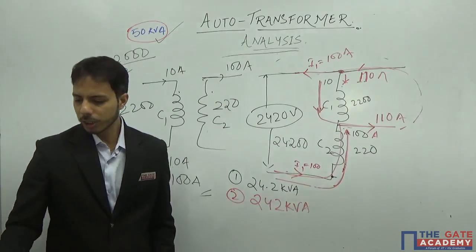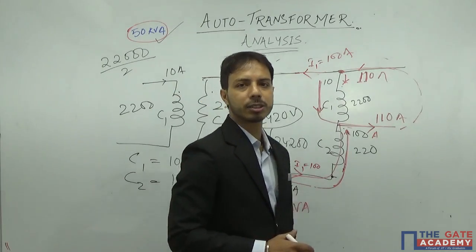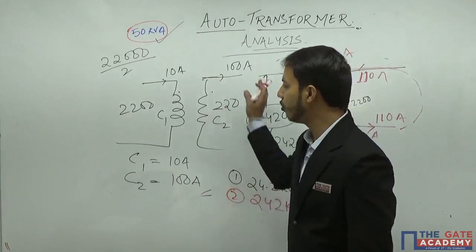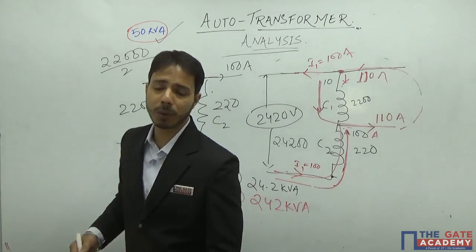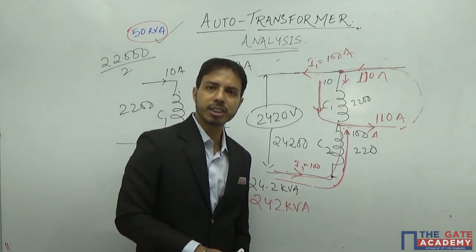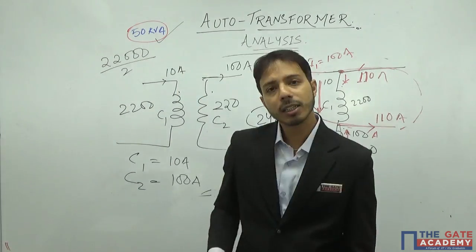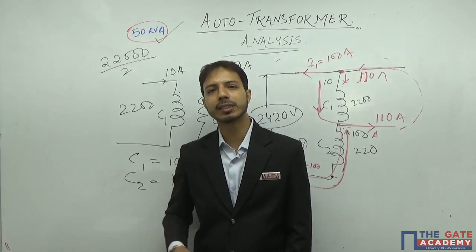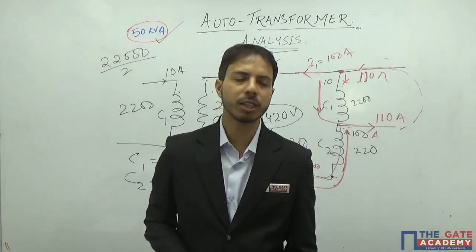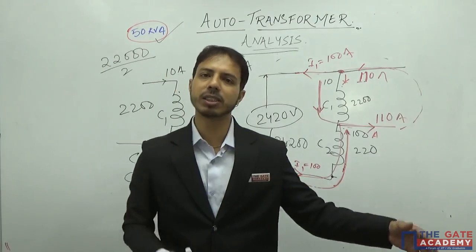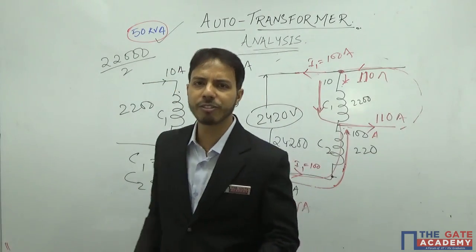Okay, so these are the typical examples or the possible questions that may come from the two-winding transformer, or perhaps the auto-transformer questions related to two-winding transformer. Now, I will just show one more example, which is an indirect question. That means using this particular concept, they will ask something else. That means they may ask you efficiency and all.